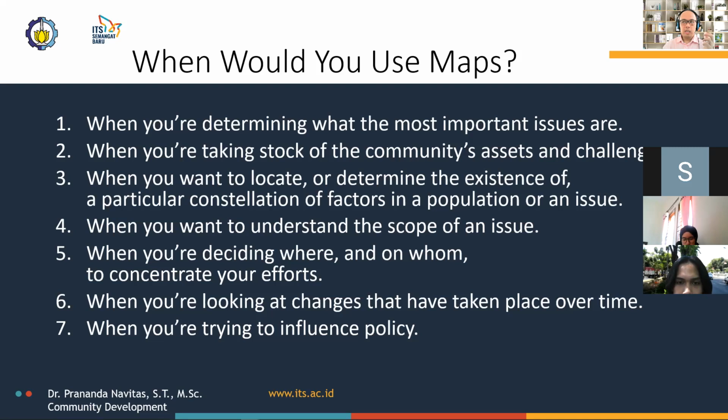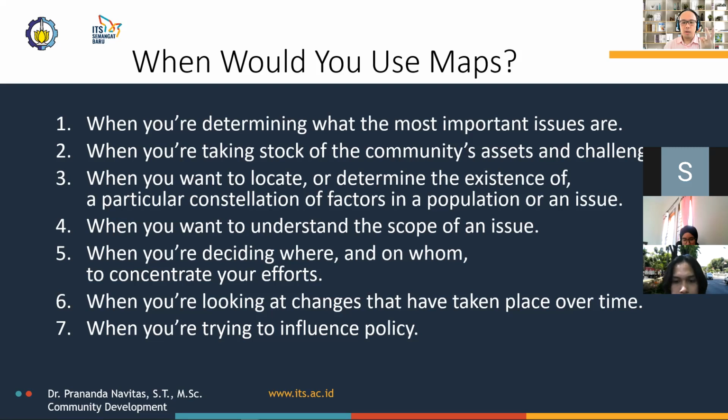For example, is homelessness in the community increasing or decreasing? Is a particular medical condition more common now than it was in the past? Or is it not as common today as it was in the past, and so on?